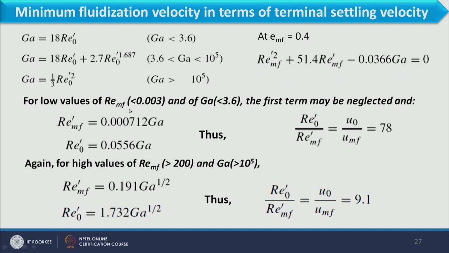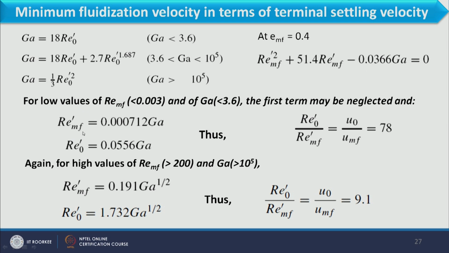Now for a low value of Reynolds number at minimum fluidizing condition, that is less than 0.003, and Galileo number less than 3.6, as Reynolds number is very small, this term we can neglect and we can calculate Reynolds number at minimum fluidizing condition using these two terms.